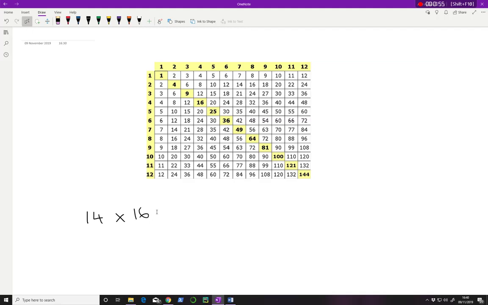You're gonna use a calculator, but in order to aid your understanding of maths and improve your mental maths, then yeah, this is a good idea to learn how to do. So 14 times 16. What I usually like to do is split the 14 into two numbers, and split the 16 into two numbers. So 14 times 16 is 10 plus 4 in brackets multiplied by 10 plus 6 also in brackets.